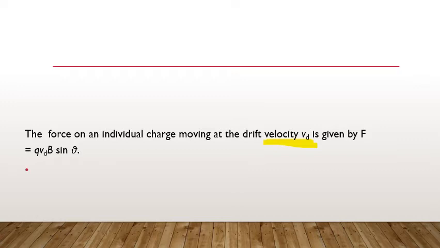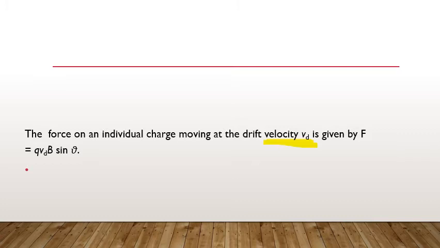Whenever we are using the word drift velocity, it means the motion is due to the electric field, application of electric field. If we are using any field, electric or magnetic, to pass, then it is called drift. Drift is possible only by application of an external field, that is electric field.